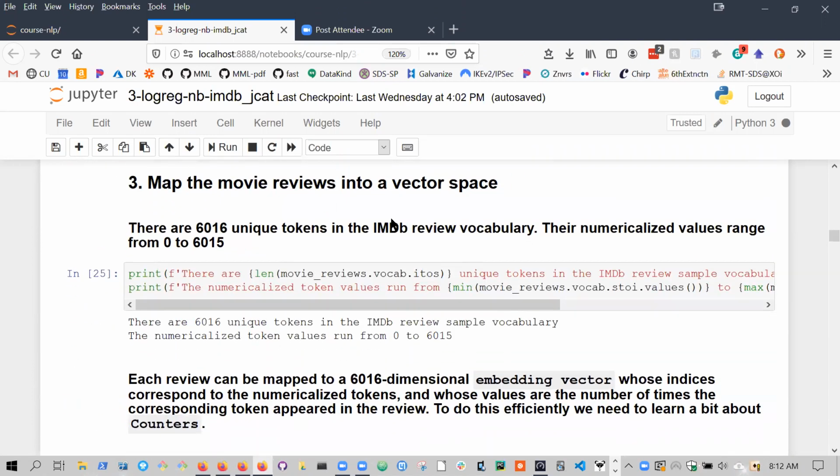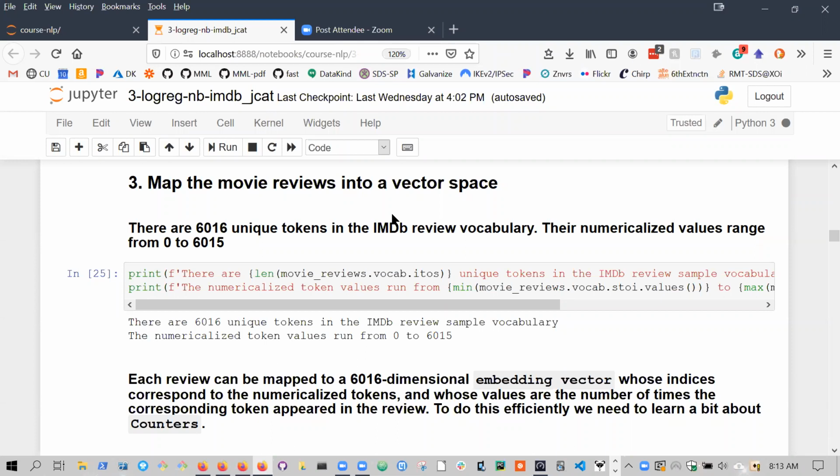So the next thing we do is we map every movie review into a vector space, and the vector space is going to have a length or size equal to the number of unique tokens in the vocabulary. If you look at all the movie reviews in a cumulative list and look for all the unique tokens, it turns out there are 6,016 unique tokens.